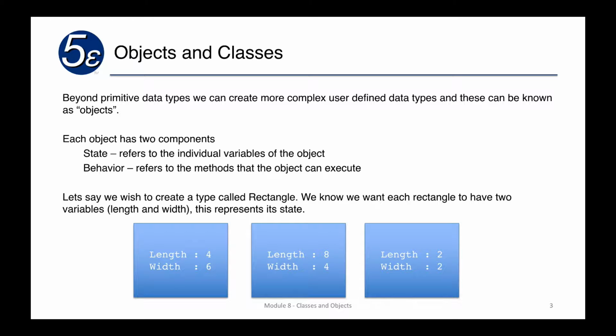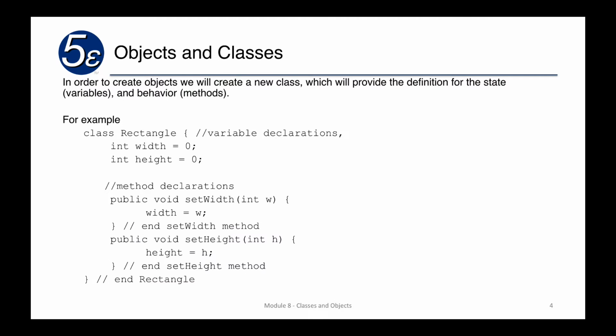So I have three individual objects in three areas of memory that all will run the same types of methods or have access to the same methods, but actually have a different state because their lengths and widths are different. But even if their lengths and widths were the same, it would be the same as having two cars in a parking lot that were identical cars. They would generally have the similar state, but they are two unique and independent objects.